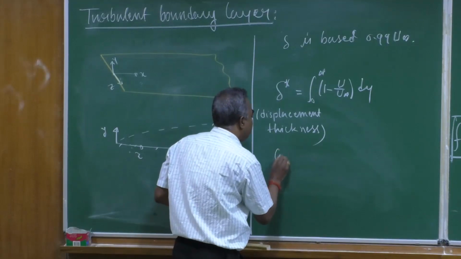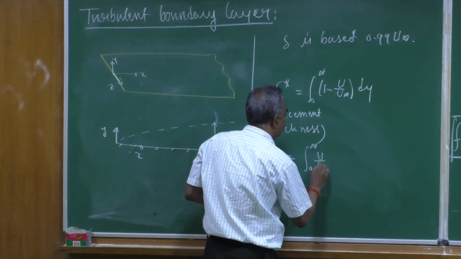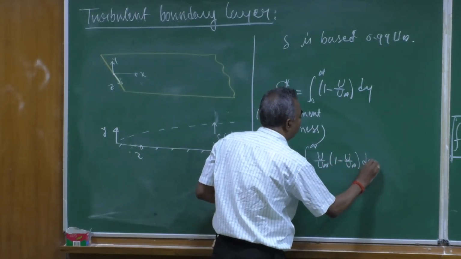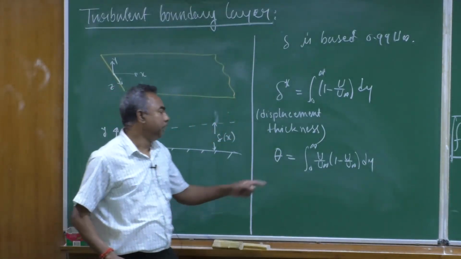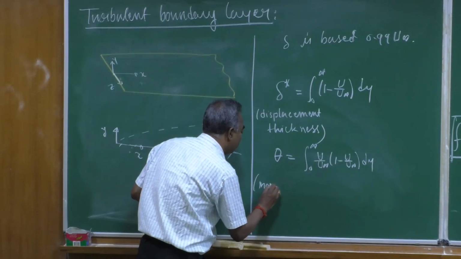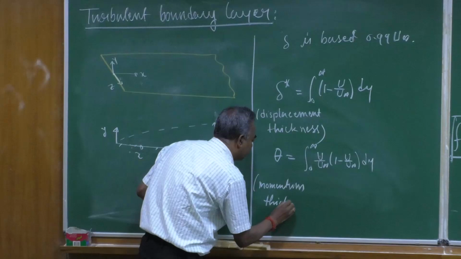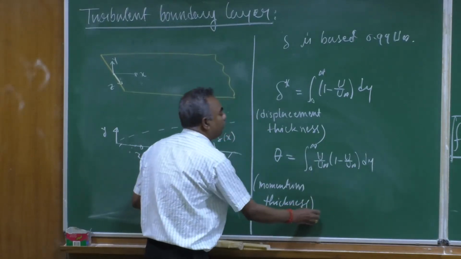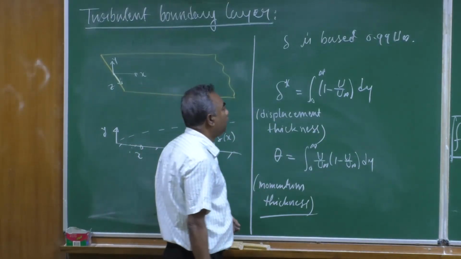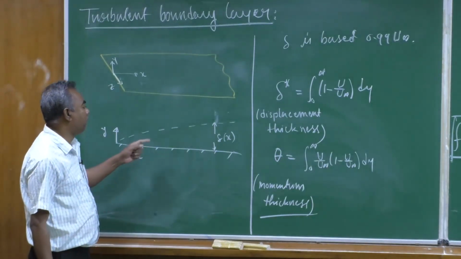Similarly, momentum thickness is defined as integral from 0 to infinity of u by u infinity times 1 minus u by u infinity dy. Note that capital U is essentially our mean velocity. So, theta is the momentum thickness. So, these are the integral parameters for this boundary layer flow.